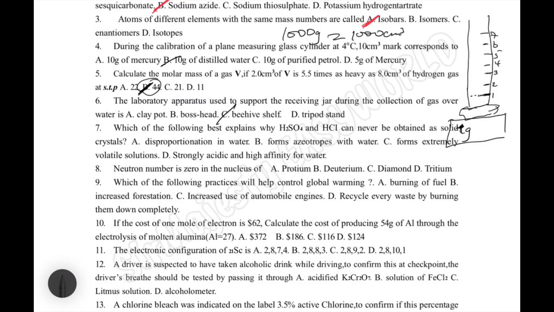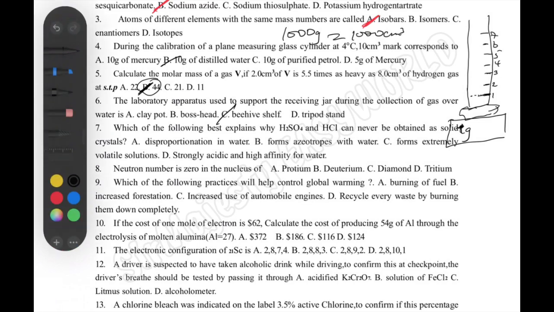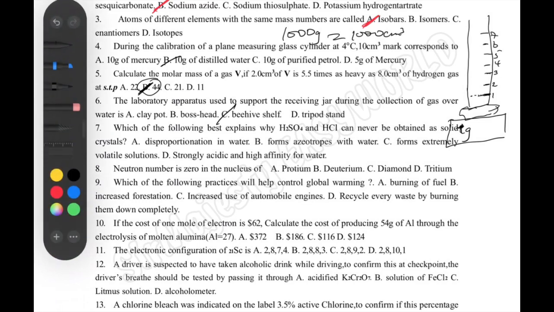Okay, which of the following best explains why H2SO4 and HCl can never be obtained as solid crystals? Have you ever seen solid H2SO4? It doesn't exist. How about HCl? It doesn't exist.